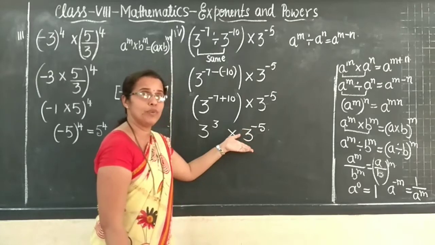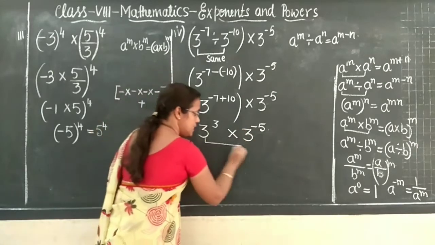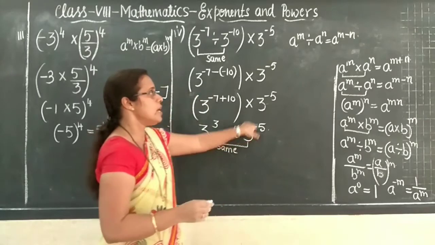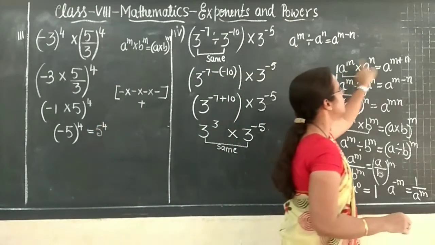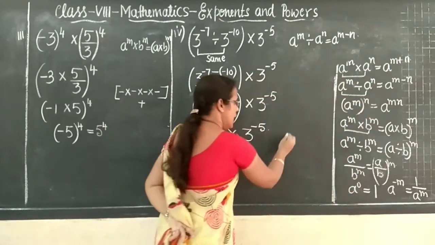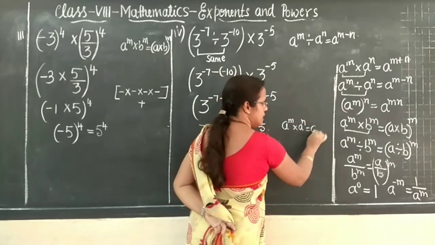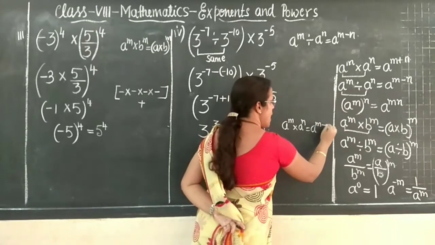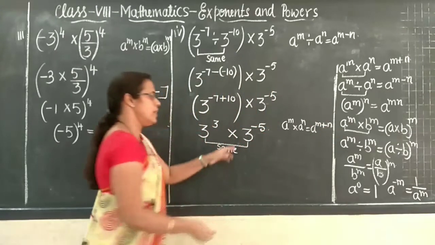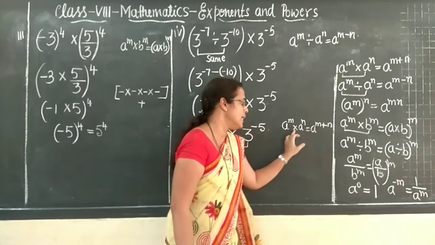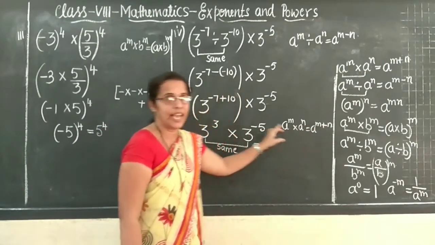Again one more formula we can use here. Bases same, powers different means you can use a to the power m into a to the power n is equal to a to the power m plus n. When the bases are same, powers you have to add in the case of multiplication.